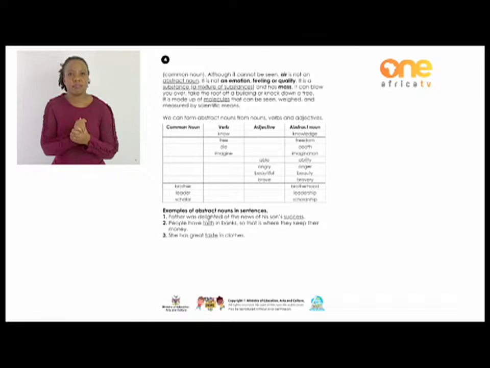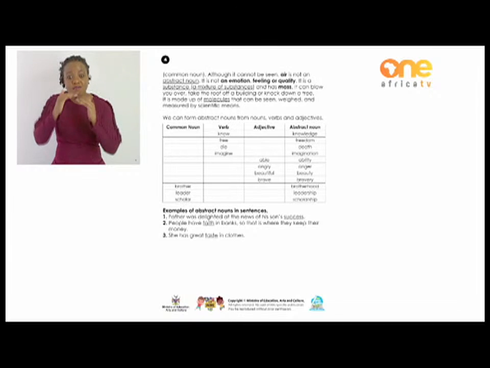This is on page, sorry boys and girls, this is on page 4. Although it cannot be seen, air is not an abstract noun. It is not an emotion. It is a substance, a mixture of substances.